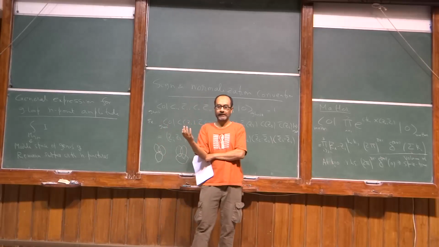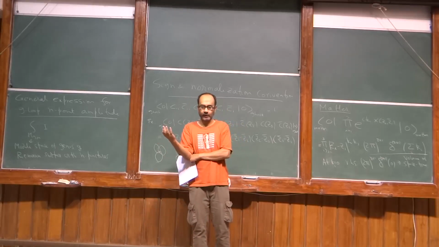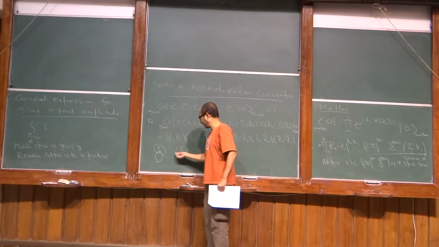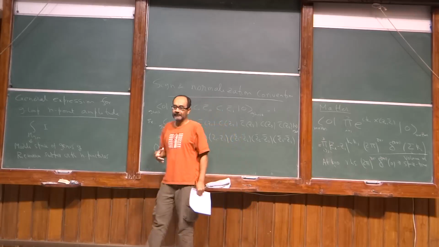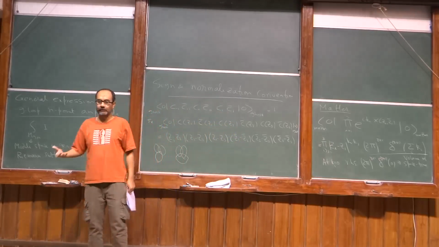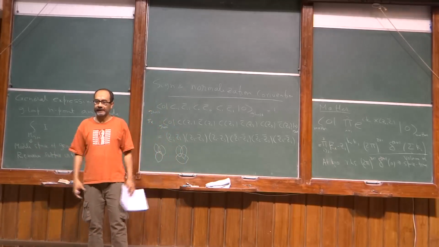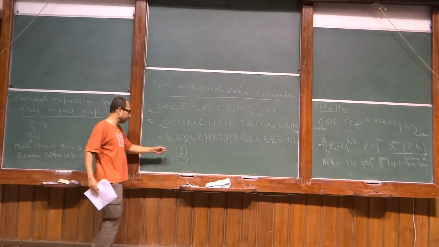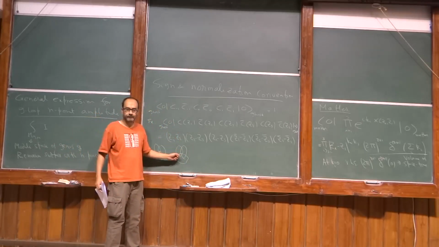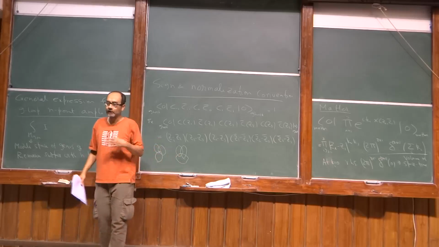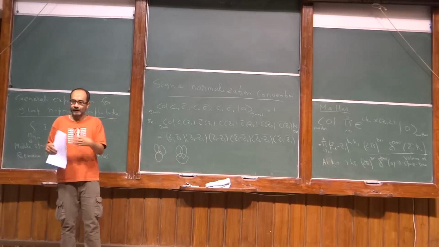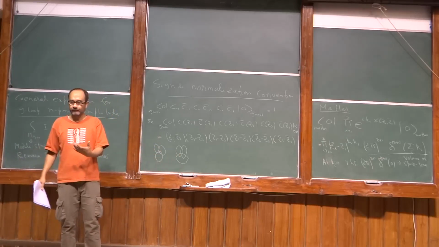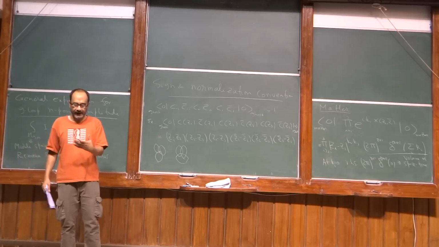Now, two surfaces which are inequivalent as complex manifolds can still be the same as real manifolds. Because even though you cannot make an analytic change of coordinates that makes the transition functions the same, if you allow real analytic change of coordinates, if you don't require holomorphism, you can allow arbitrary real coordinate change, then you may still be able to make the transition functions equal. So Riemann surfaces are inequivalent complex surfaces. You are not claiming that two different Riemann surfaces cannot be made to look the same by a real change of coordinates, but two different Riemann surfaces shouldn't look the same under an analytic change of coordinates.